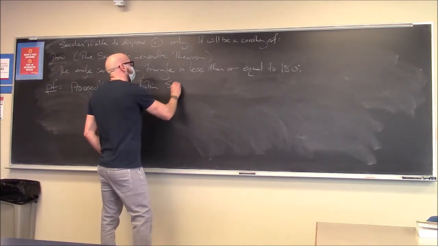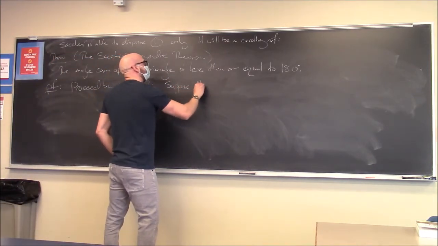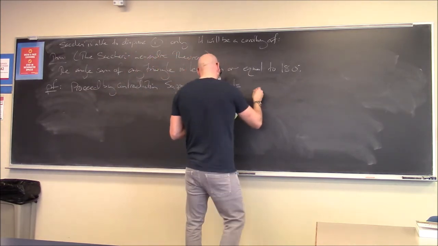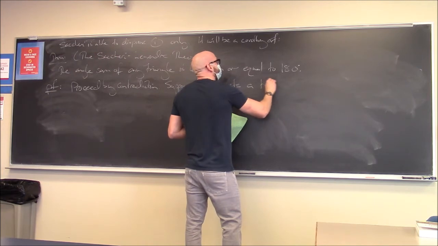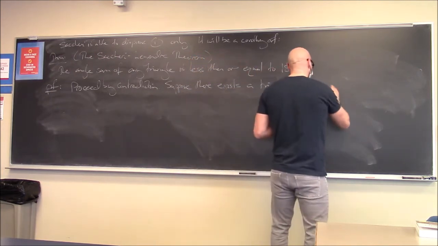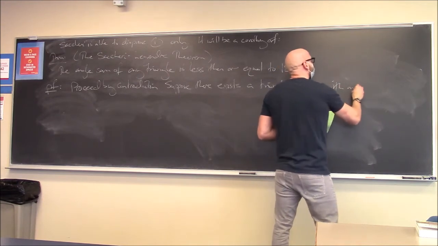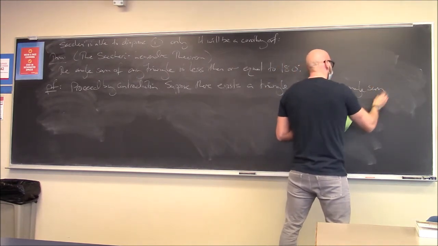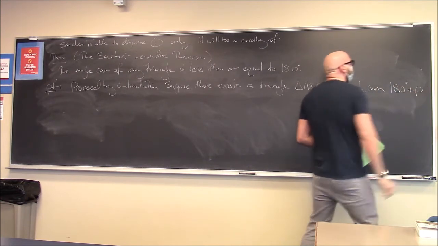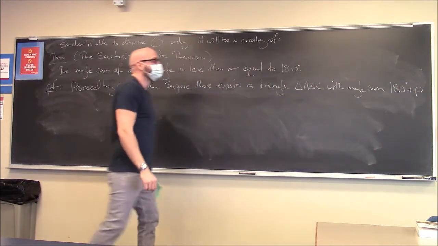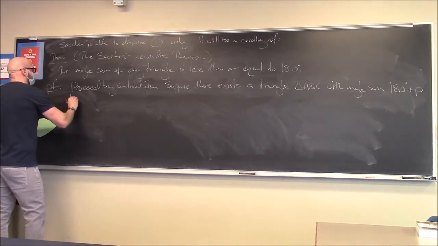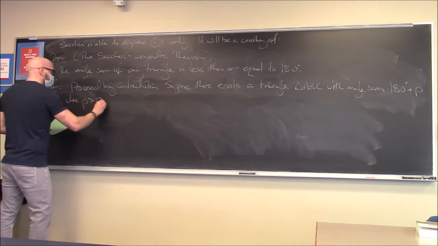So suppose there exists a triangle ABC with angle sum, instead of saying just straight up larger than 180, let's say it's 180 plus p, where p is some positive number, where p is bigger than 0.